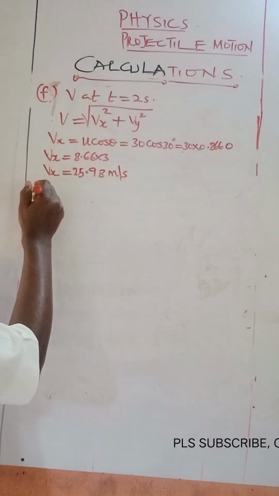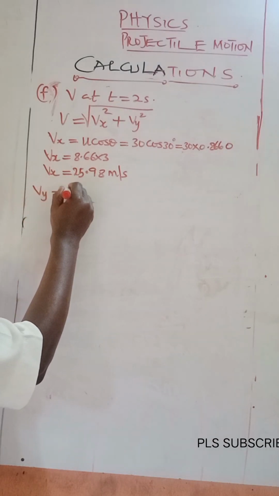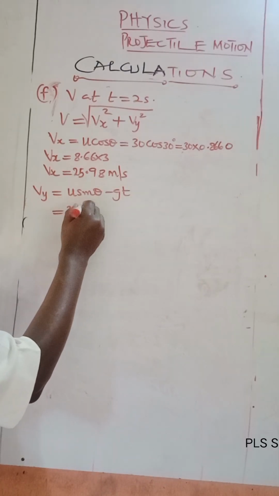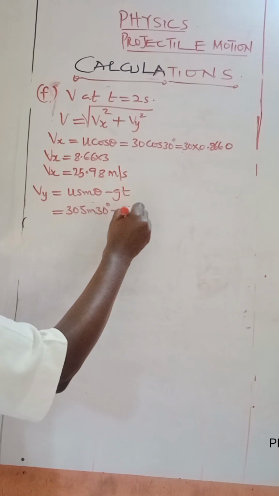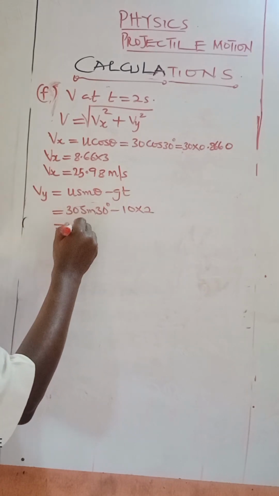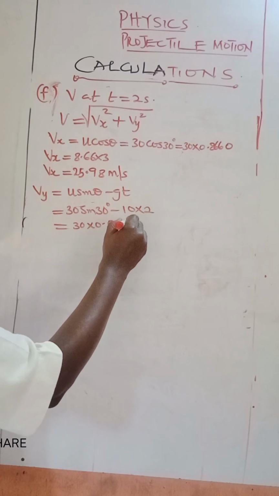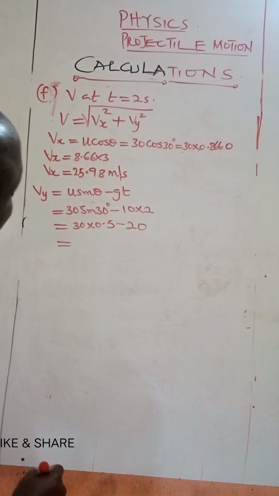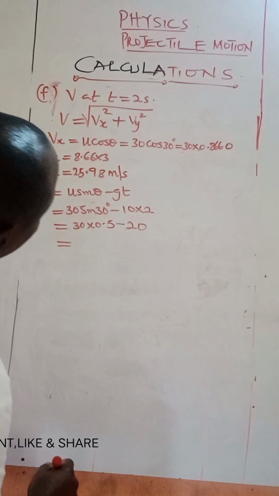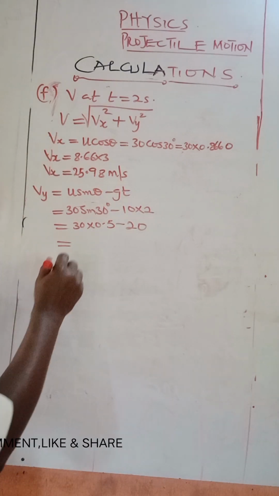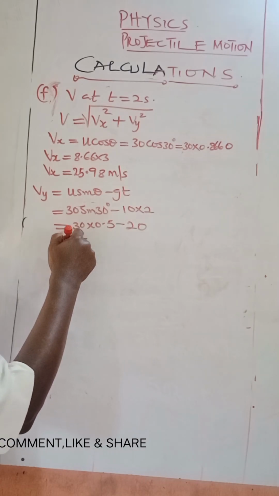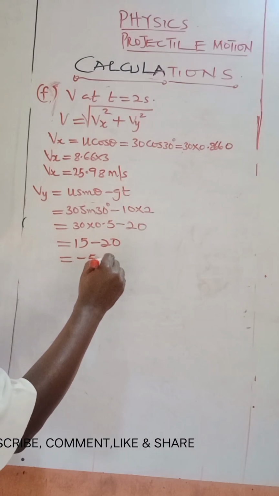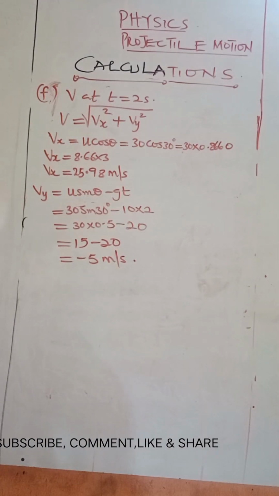That is Vx. Then you look for Vy, which is equal to u sine theta minus gt. So it will be 30 sine 30 degrees minus 10 times 2. This one is 30 times 0.5 minus 20, which will be 15 minus 20. That will be minus 5 meters per second.